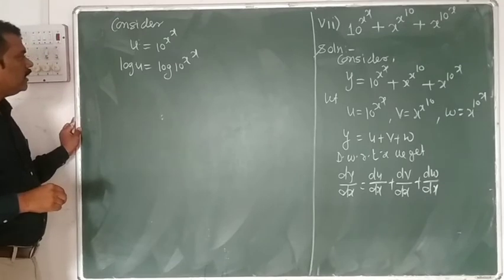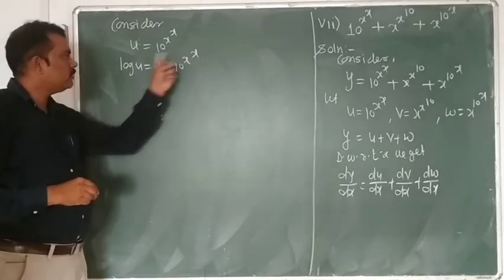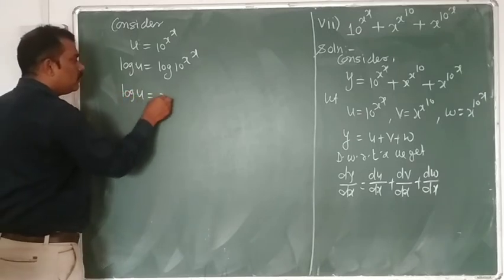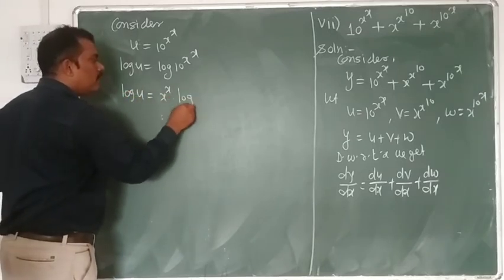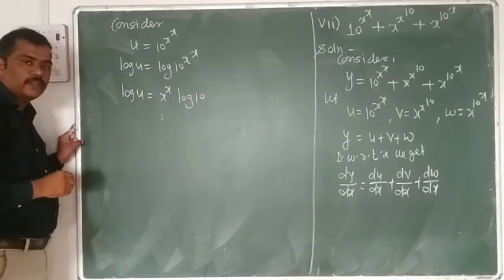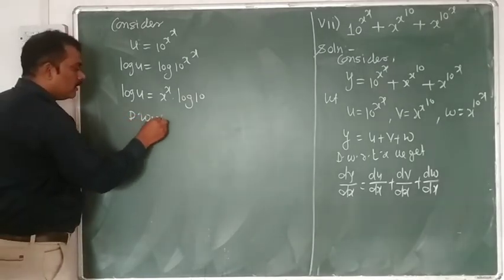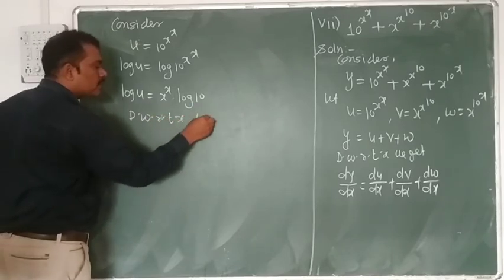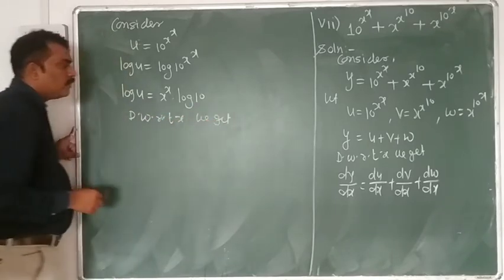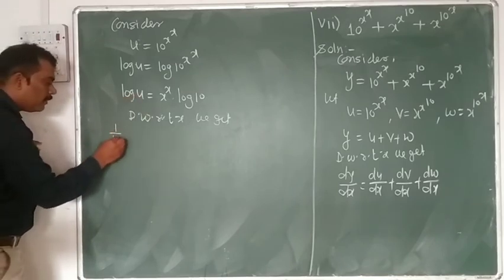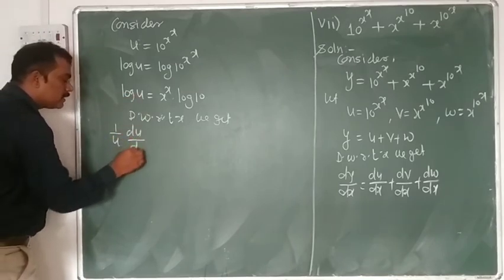By using the laws of exponents, this x raised to x gets multiplied with the log, that is log of u is equal to x raised to x into log of 10. Now we differentiate with respect to x. The derivative of log u is 1 upon u into du by dx.